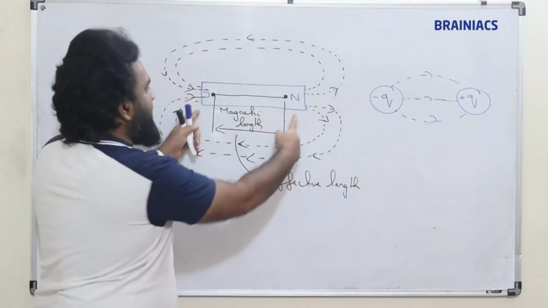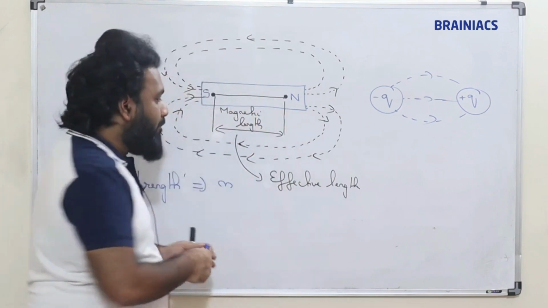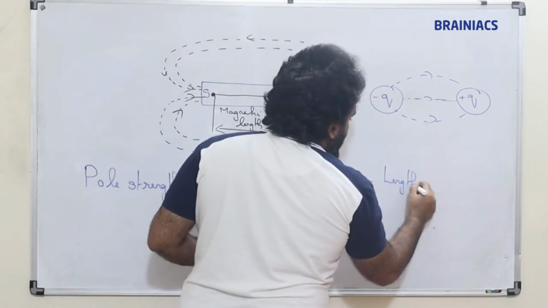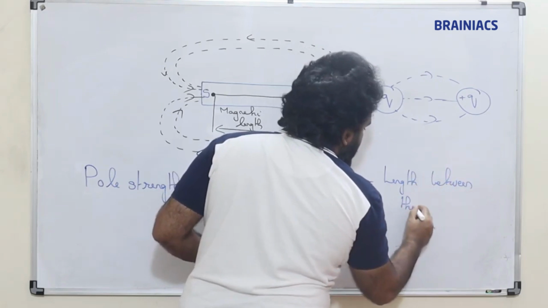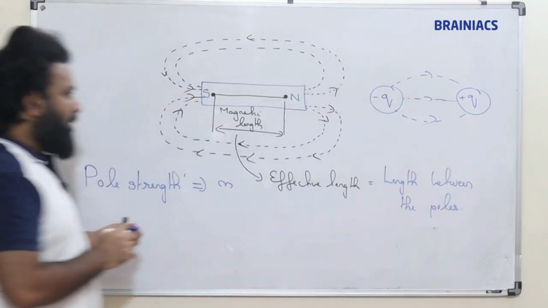We don't consider this full length. Magnetic length is the length between the poles. Clear?